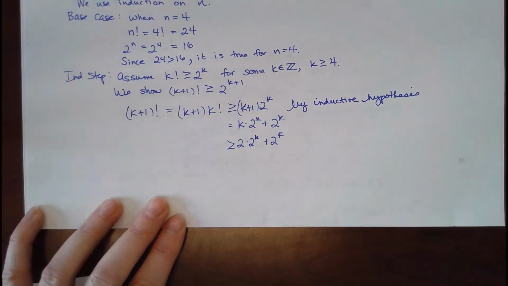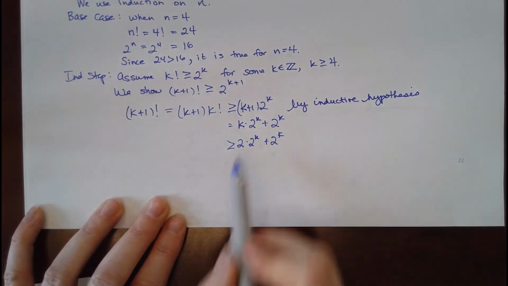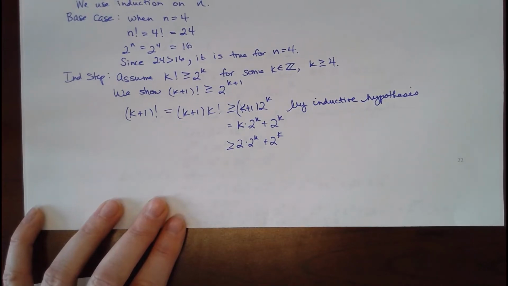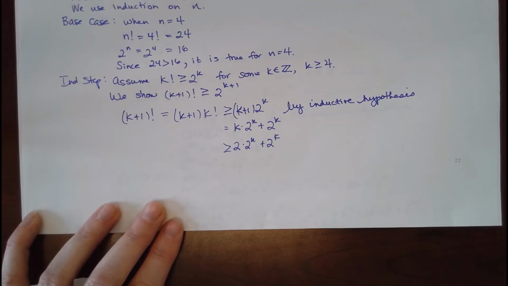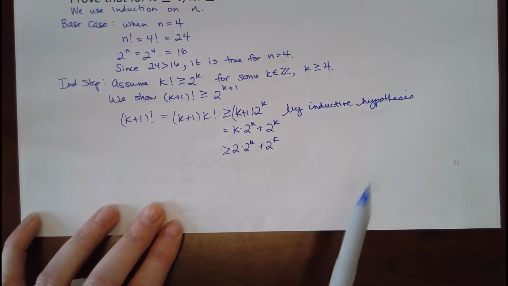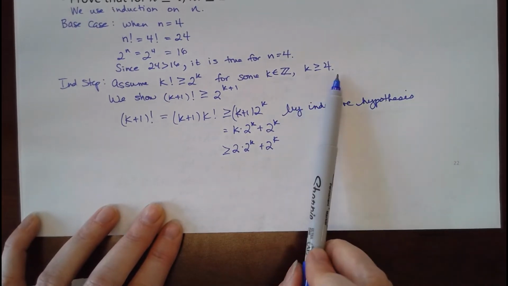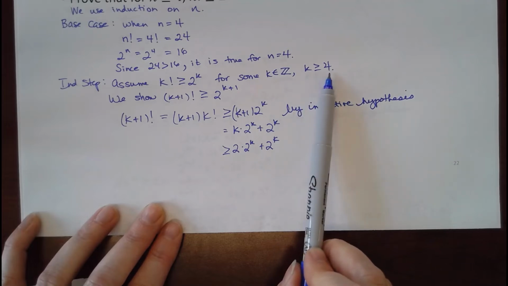Could I make this replacement and claim that it's greater than or equal to? It doesn't really matter. Let's do this greater. Would that be true? And if so, how do you know? You're going to look over here. The smallest possible value k could be is 4.